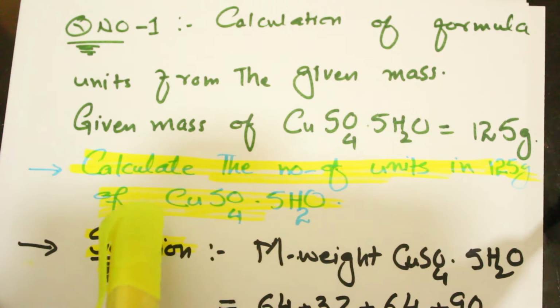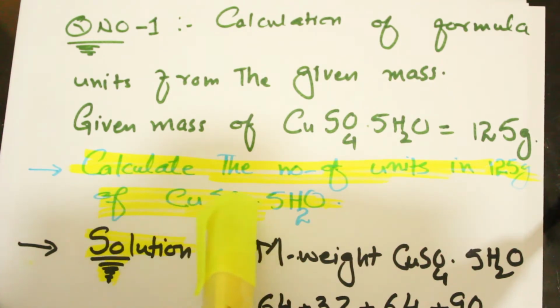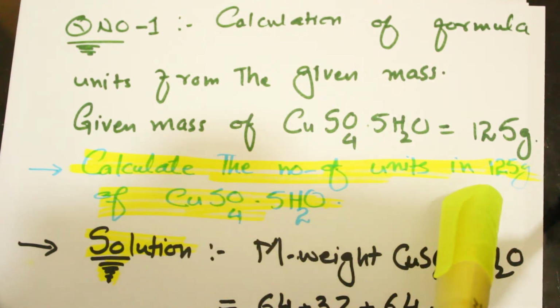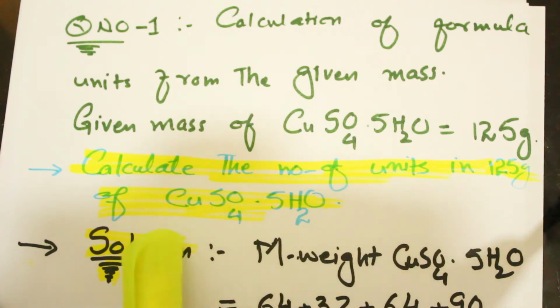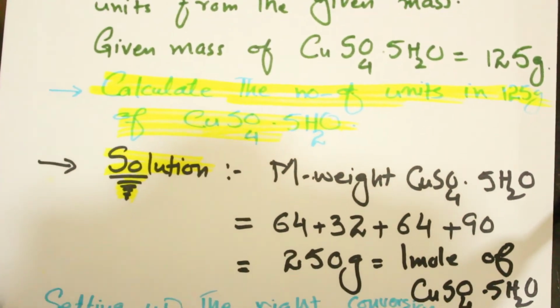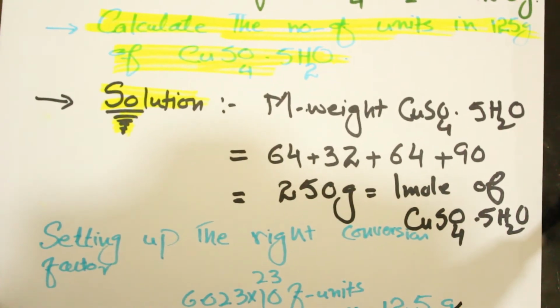So here the question asks us to calculate the number of formula units in 125 grams of copper sulfate. You can see that I have already taken some notes. I have already solved this problem on this page, and today I want to share this solution with you.